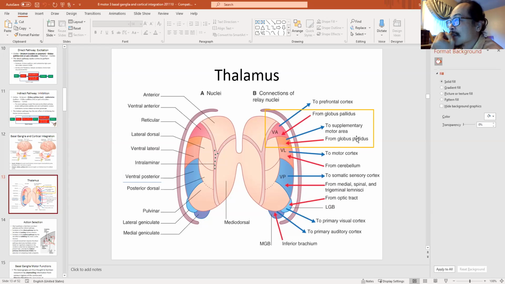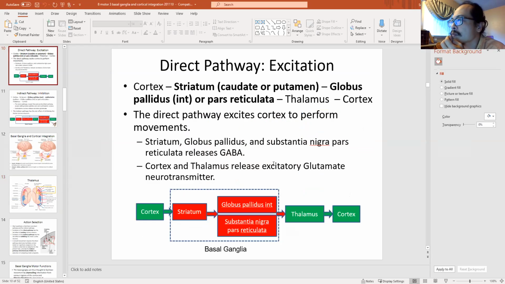And so this signal from the basal ganglia will go through the ventrolateral and ventral anterior lobe of the thalamus, then back to the brain. So that's that. Here I show you from the globus pallidus, just an example from the basal ganglia, because from the basal ganglia, the output signal is from the globus pallidus internal slash substantia nigra pars reticulata, right?